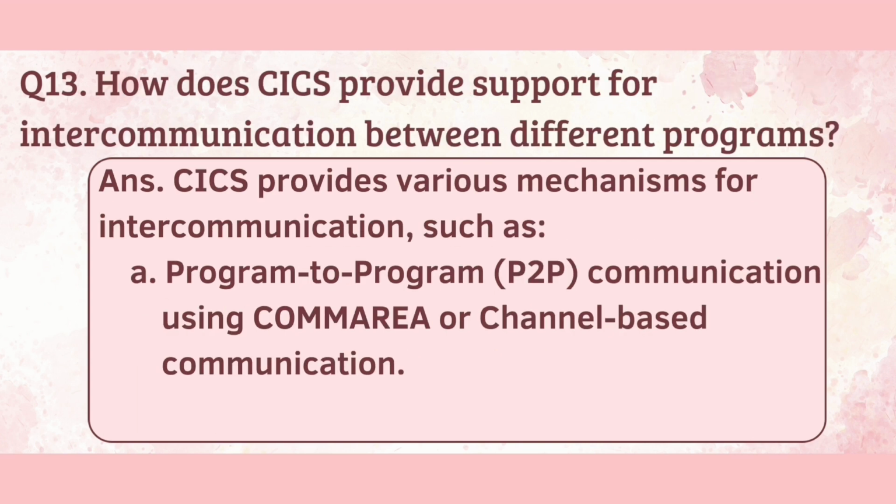Moving to question number 13. How does CICS provide support for intercommunication between different programs? The answer is CICS provides various mechanisms for intercommunication, such as number 1, program to program, that is P2P communication using COMMAREA or channel-based communication.